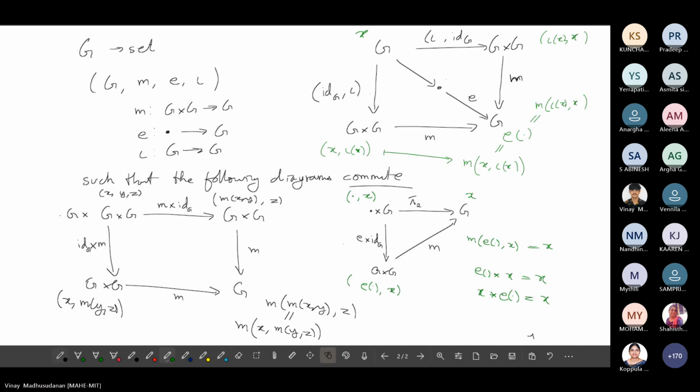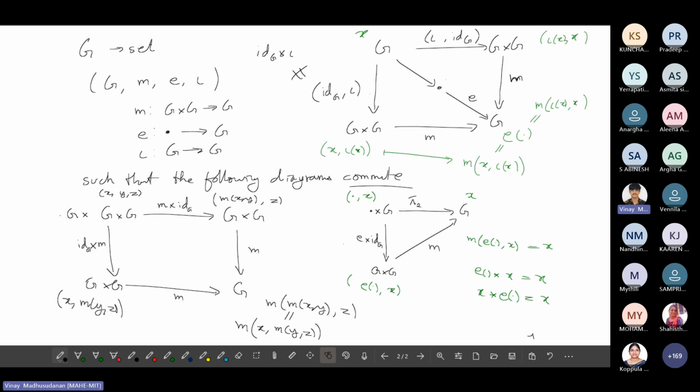Okay, so what does this do? These are not the same thing. ID_G comma I is different from ID cross I. If you have f from A to B and g from C to D, then f cross g is from A cross C to B cross D. Whereas suppose you have just one set as a domain, and two functions from that set to some other sets.